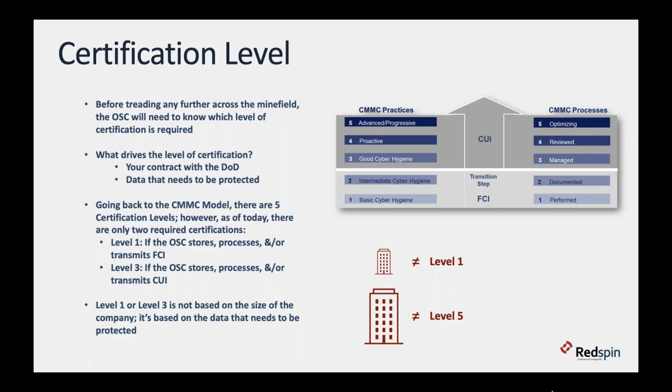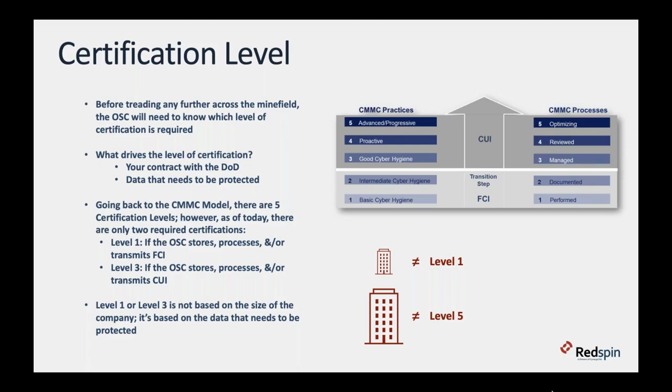So once we establish that with the OSC, we start looking at what it means for them to achieve level 3 certification. So the bottom line is that the maturity level of certification is not based on the size of the company, but it's based on the data that needs to be protected. And that's what that chart shows. It's a very, very good chart to keep handy, that chart up there that you see. I use that quite a bit.